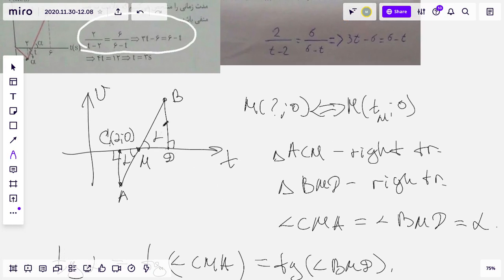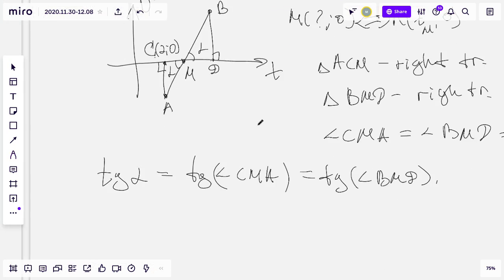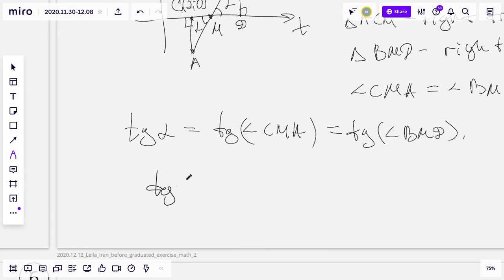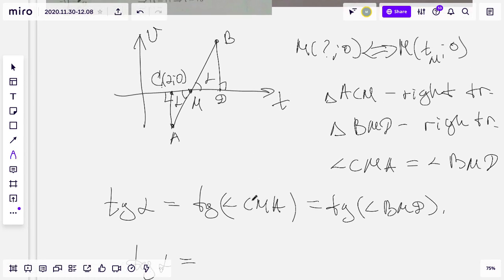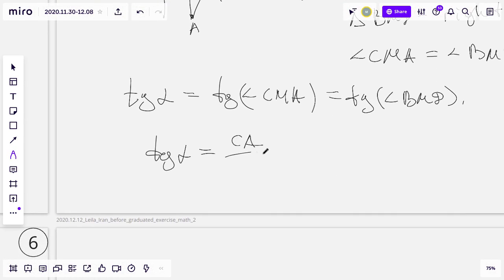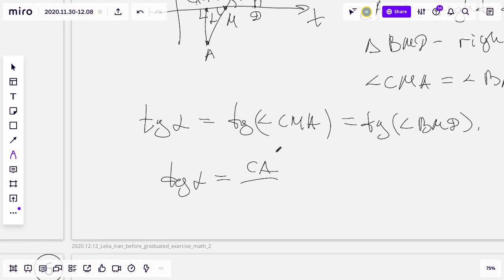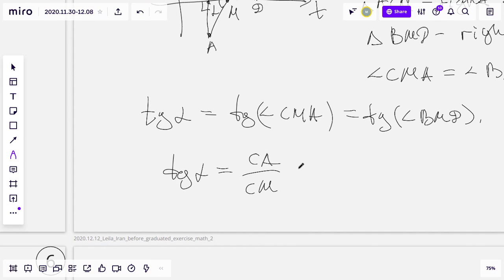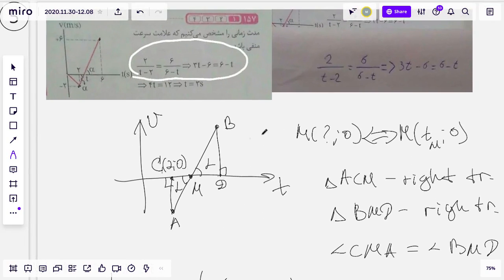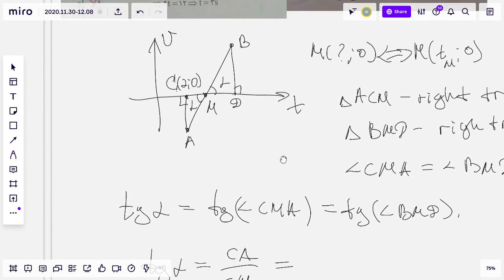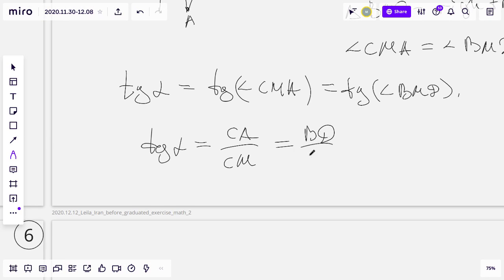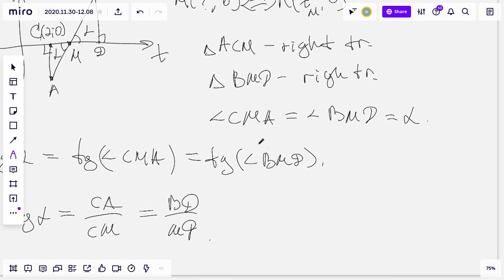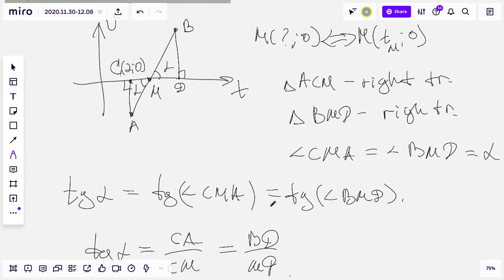Also, the tangent of angle BMD is side BD ratio versus MD. CA versus CM, also it's equal BD versus MD.